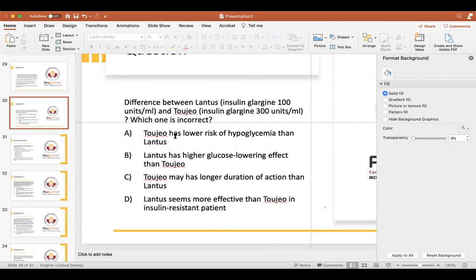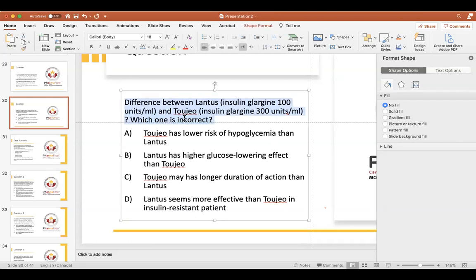Toujeo has lower risk of hypoglycemia than Lantus. Lantus has higher glucose lowering effect than Toujeo. Toujeo has longer duration of action than Lantus. Lantus seems more effective than Toujeo in insulin-resistant patients. We are seeking here the incorrect answer, not the correct one.